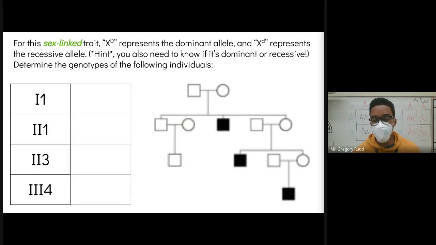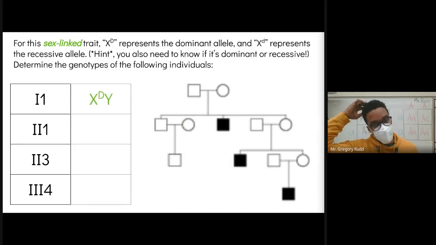Because they are not affected, they do not have the recessive allele. Because they're a male, they don't have the recessive allele. So we see X capital D, Y. Good. And of course, because they are a male, they have X and Y chromosomes.